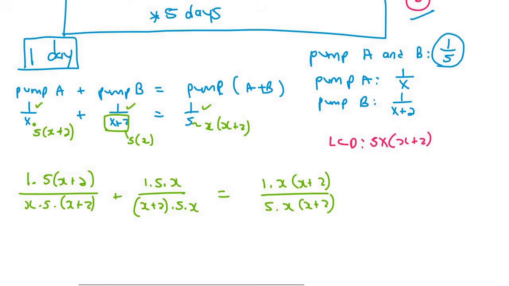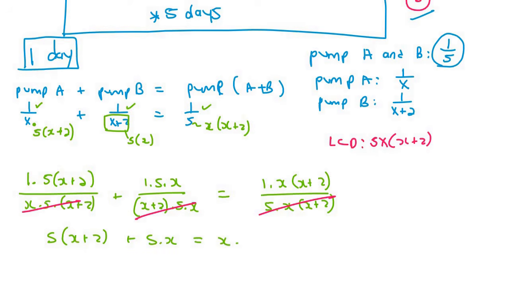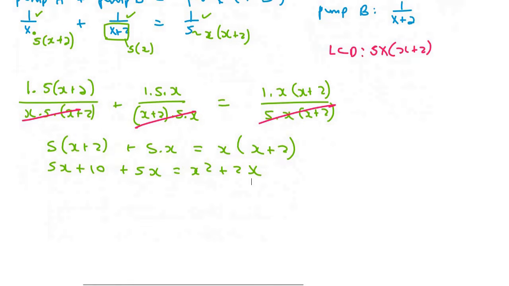Now that the common denominators are all the same, we can ignore them. And so we simply end up with 5 multiplied by (x+2) plus 5 multiplied by x equals x multiplied by (x+2). Now we can multiply the 5 in, so it's going to be 5x plus 10 plus 5x equals x squared plus 2x.